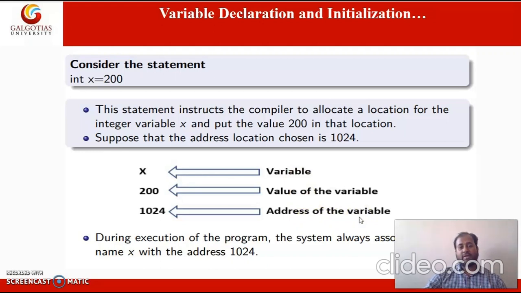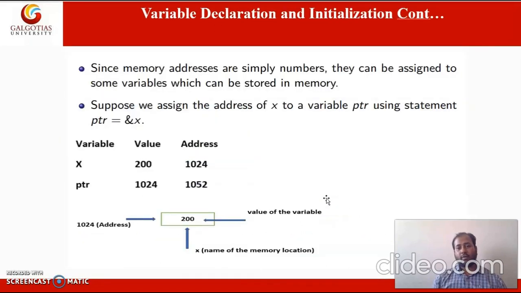During execution of the program, the system always associates the name x with the address. So we can access the value of x by using x and by using the address. How can we use the address to access the value of that variable? That is done by the pointer.